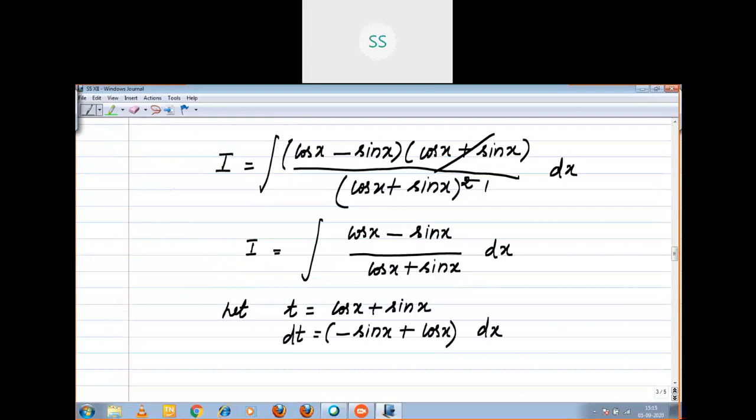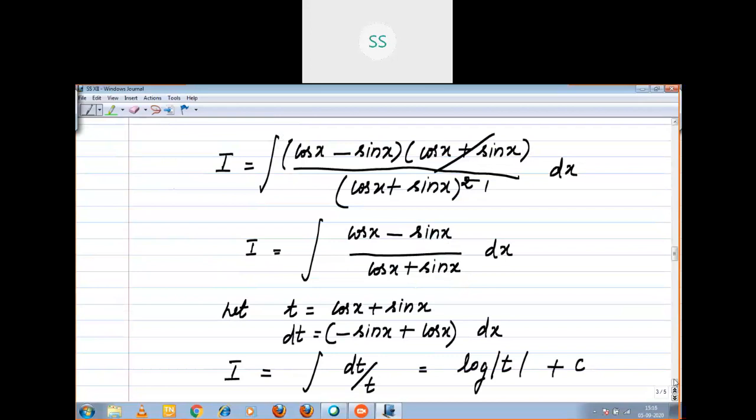Got it? What exists in the numerator is what we arrived at while differentiating the denominator. What is your result now? I equals integral dt divided by t, which is equal to log t plus c.